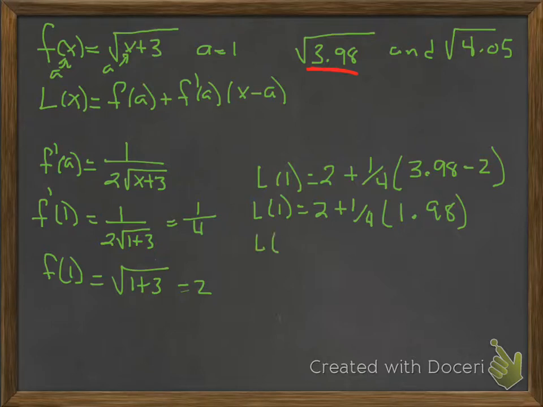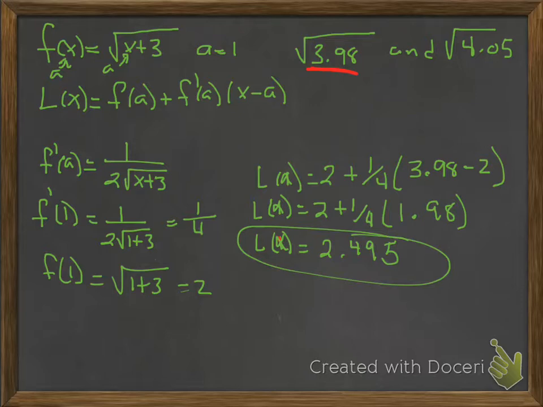So that is equal to 2.495. Sorry, that shouldn't be L of 1. It should be our approximation that we're plugging in here. So my approximation in this case would have been L of 3.98.